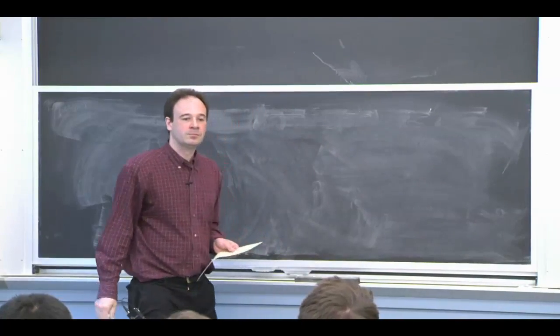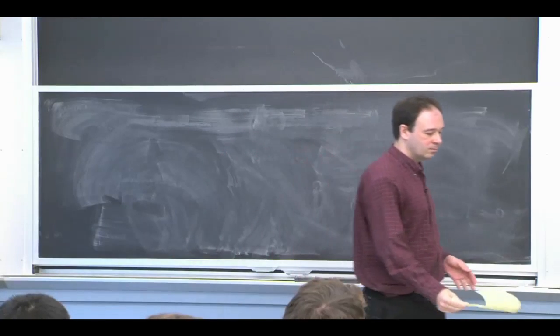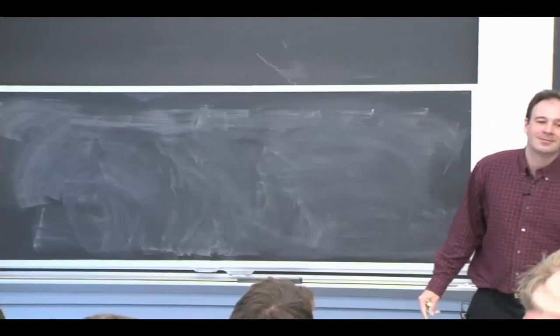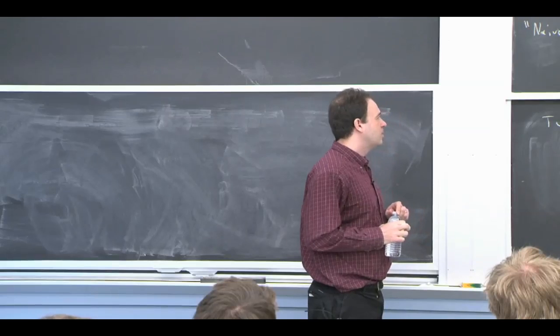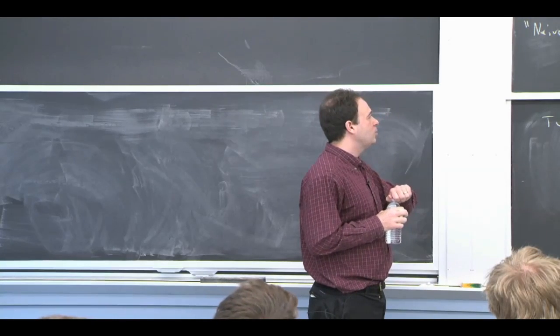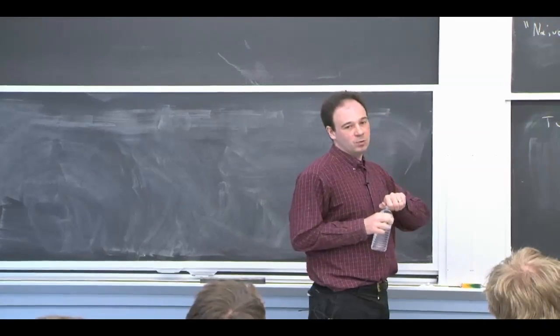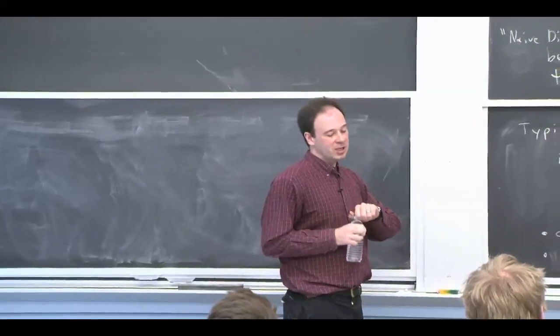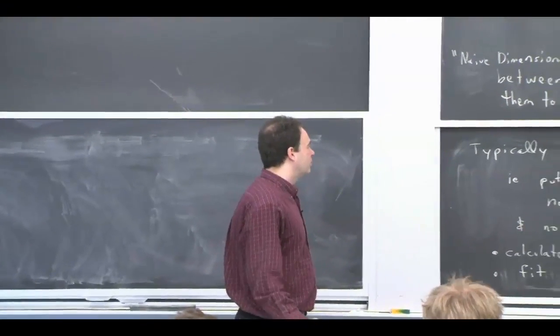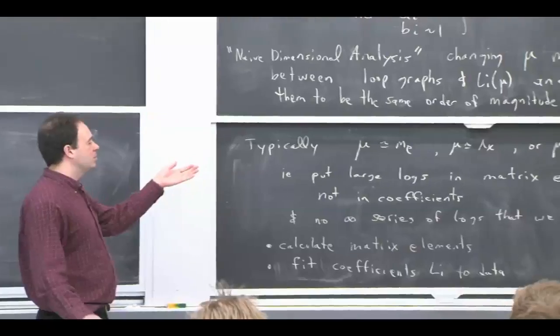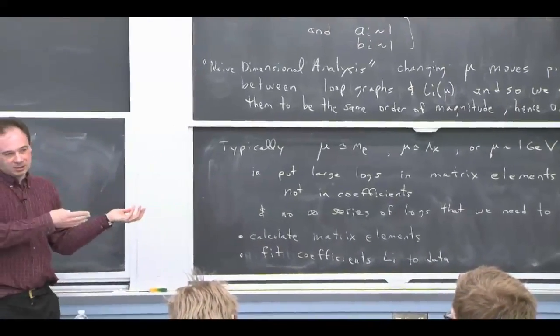Why is a large log in this case not screwing up the power counting? It doesn't screw it up because it only happens once. Basically, you can say I have this matrix element, it's got a large log and a coefficient.